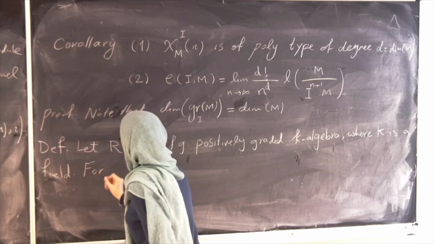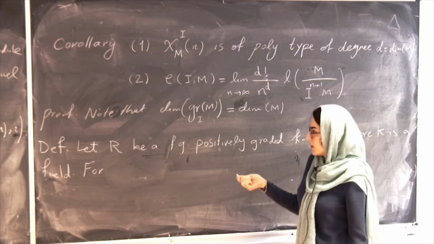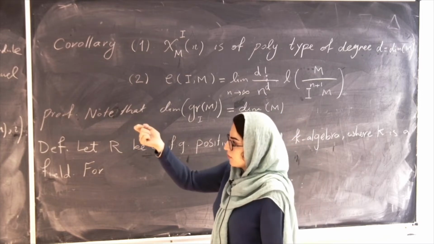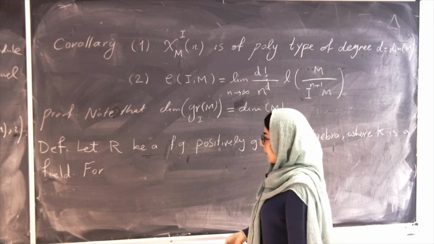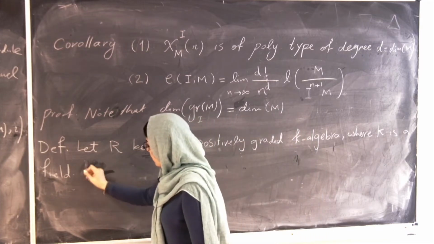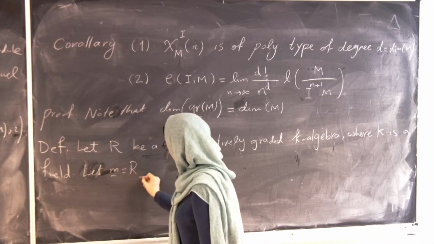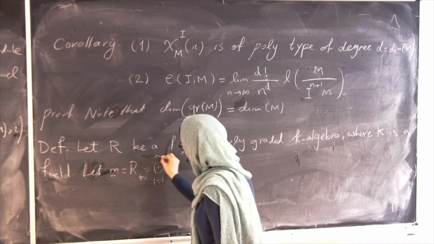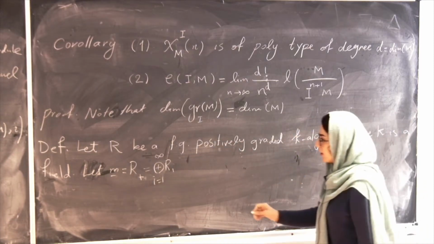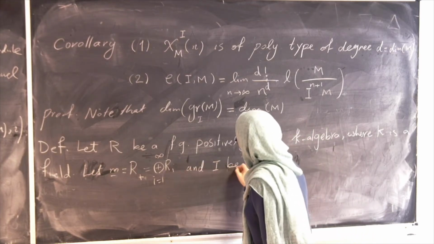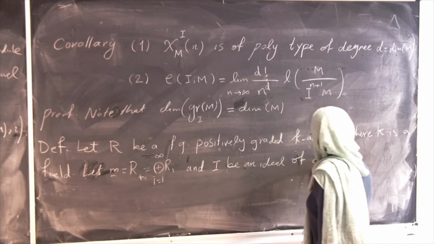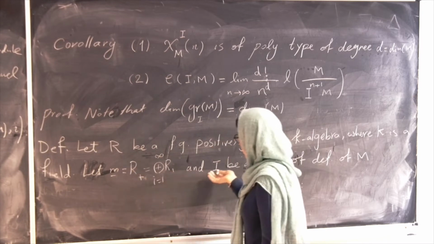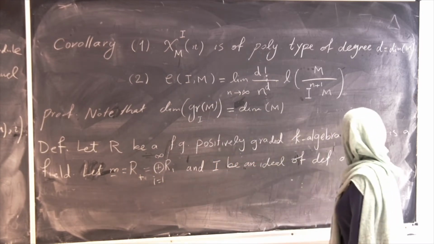With this assumption, as we discussed yesterday, R has only one graded maximal ideal, a unique graded maximal ideal, which we denote again by M. Let M be the ideal generated by elements of positive degrees, the unique graded maximal ideal of R, and I be an ideal of definition of M, where I mean the same definition we have here, just with the maximal ideal replaced by this.